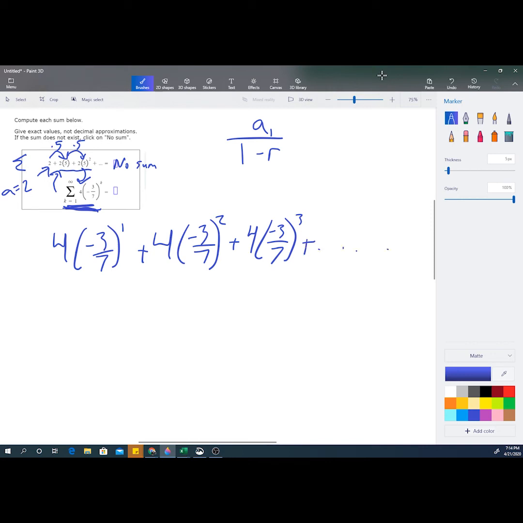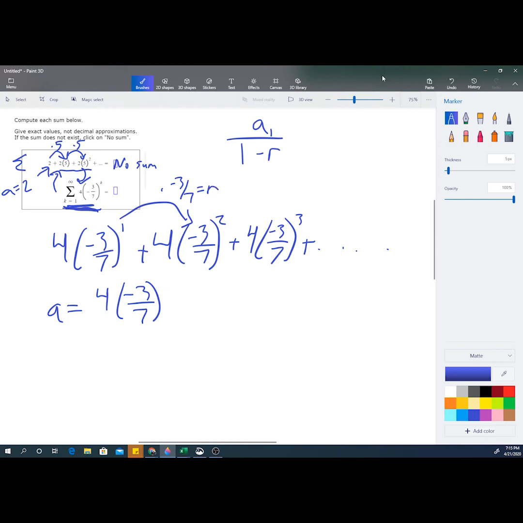I can see that my first term is going to be 4 times negative 3/7. And the rate that I have, I can see I'm multiplying by negative 3/7 every time.